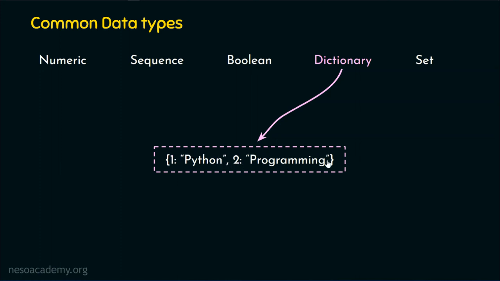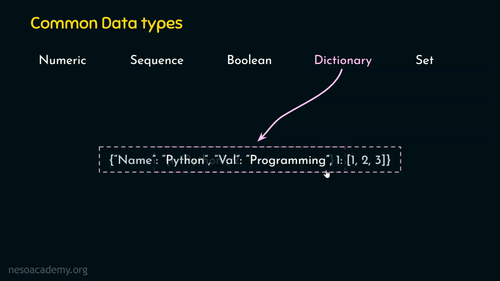Similarly, in the other pair, we have the key as 2 followed by a colon and then the value as the string programming. In Python dictionaries, we can also have keys of different data types. For example, here we can see that we have 3 key value pairs in this particular dictionary. In the first pair, or the first element of the dictionary, we can see the key is in the form of a string.